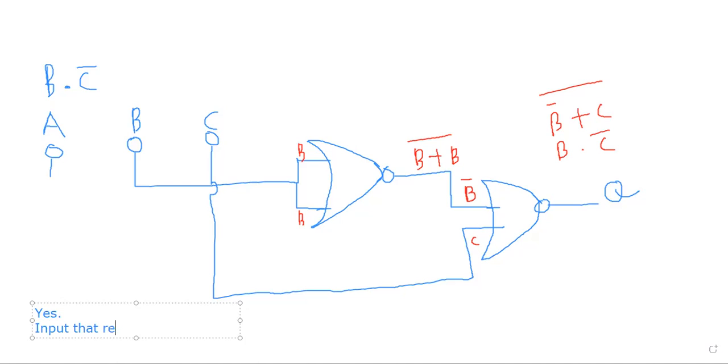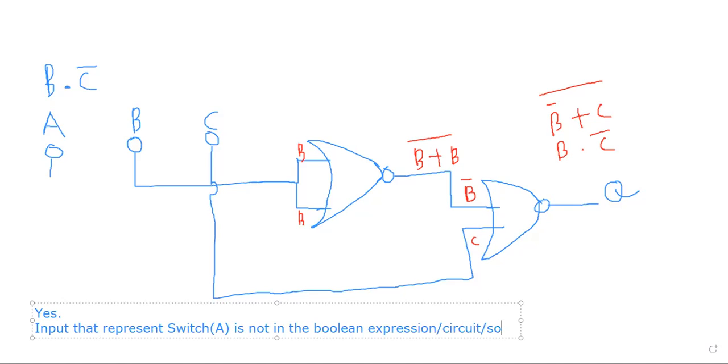So the input that represents the switch, that is A, is not in the Boolean expression, circuit or solution.